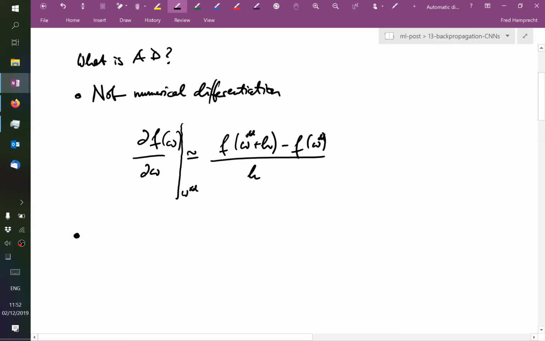It is also not symbolic differentiation. Symbolic differentiation is what we would get from computer algebra.